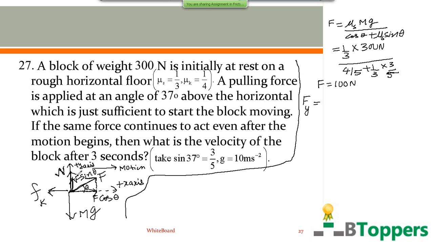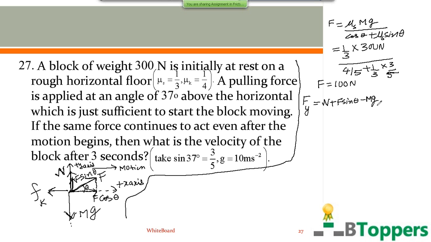It acts vertically upwards along the positive direction of the axis. The vertical component of the pulling force with magnitude F sin theta also acts along the positive direction. The weight mg of the block acts vertically downwards in the negative direction. So the y component of the resultant force on the block will have magnitude equal to n plus F sin theta minus mg.